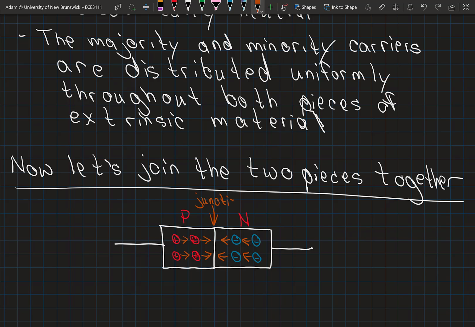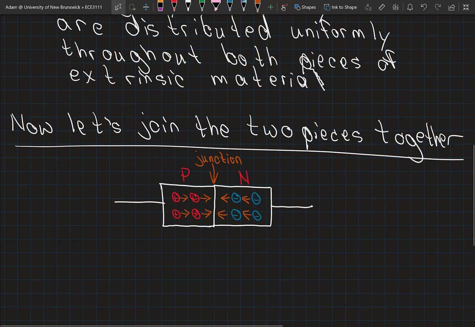Okay, this point where the two materials are put in contact with each other is known as the junction.